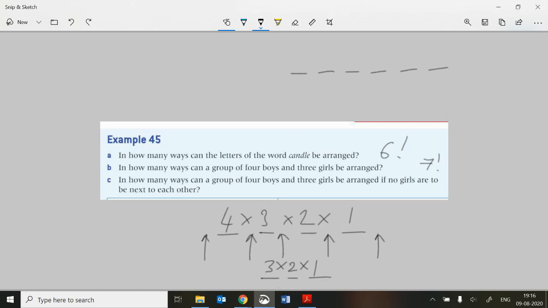And now I'm going to put those 3 girls into the 5 slots. So I've got 4 factorial for the boys, 3 factorial for the girls, and I've got to choose 3 of the slots out of the 5 to put the girls into. Because it's an 'and' condition, it's connected with times. I'm going to choose 3 of the slots out of the 5 for the girls to go into.